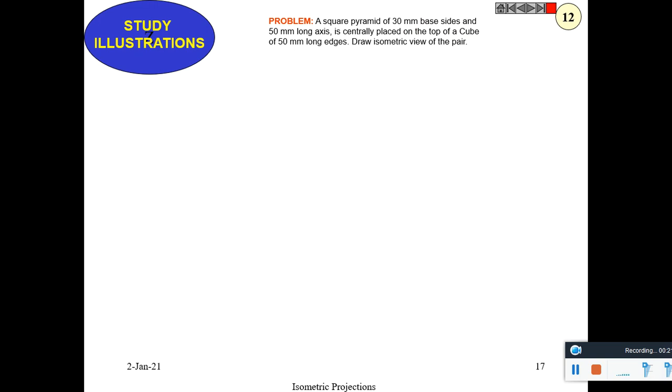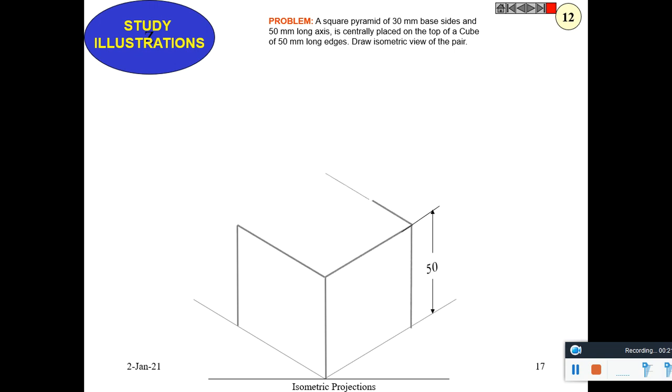A square pyramid of 30 millimeter base sides and 50 millimeter long axis is centrally placed on the top of a cube of 50 millimeter long edges. Draw the isometric view of the pair. So first of all, the cube is drawn, because the square pyramid is standing on a cube.